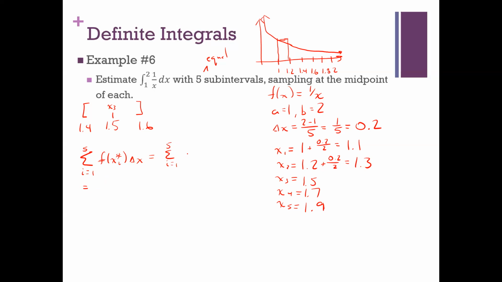Keeping in mind that our function is 1 over x, I'm going to do 1 over xi star times delta x. So I'm going to have 1 over 1.1 times 0.2 plus 1 over 1.3. And if someone could start calculating this out while I'm writing out the actual calculation I'm describing.